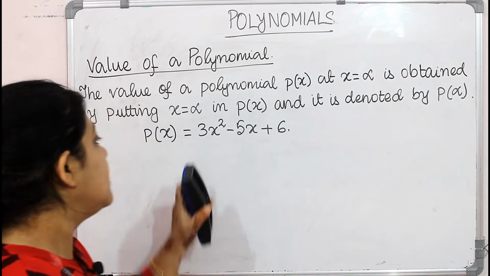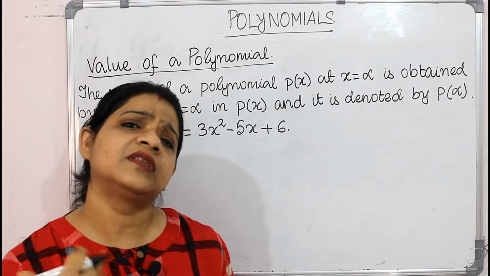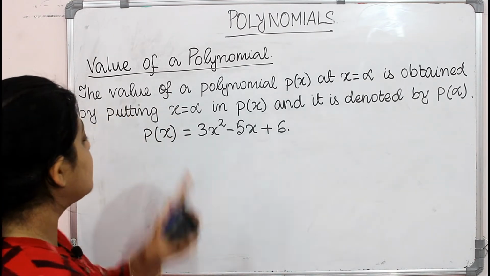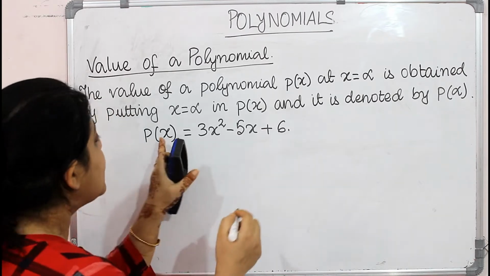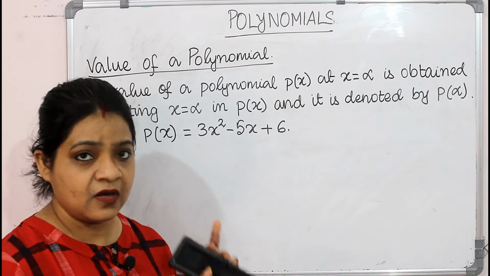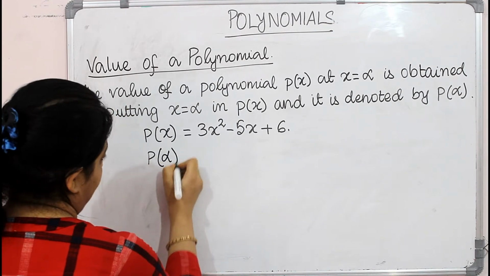Now, in place of x, if we replace x with some other term, suppose we are writing p(x) equal to 3x square minus 5x plus 6, and we replace x with alpha.